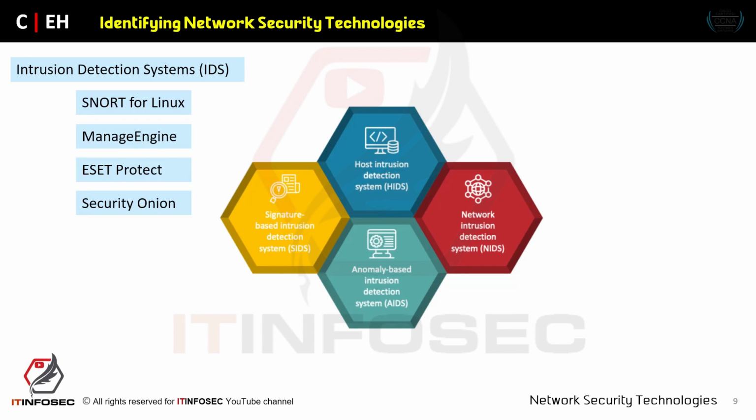What about the IDS softwares? The most important IDS software, I listed some of them here. My favorite IDS software is Snort. Snort is a very powerful software-based IDS. It is Linux-based, and you can configure it easily and it works properly for you, and you can run it on a simple, weak computer without any problem.